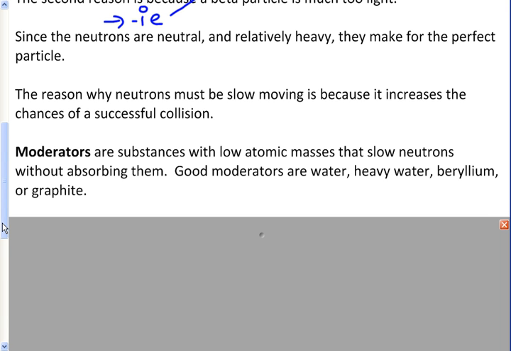Water is a molecule that is very small compared to something like uranium. So what it does is it runs into the neutrons and slows them down, but it doesn't break the nucleus up. It's too small. Heavy water, for example, is another one. Beryllium or graphite. Graphite's just another form of carbon.